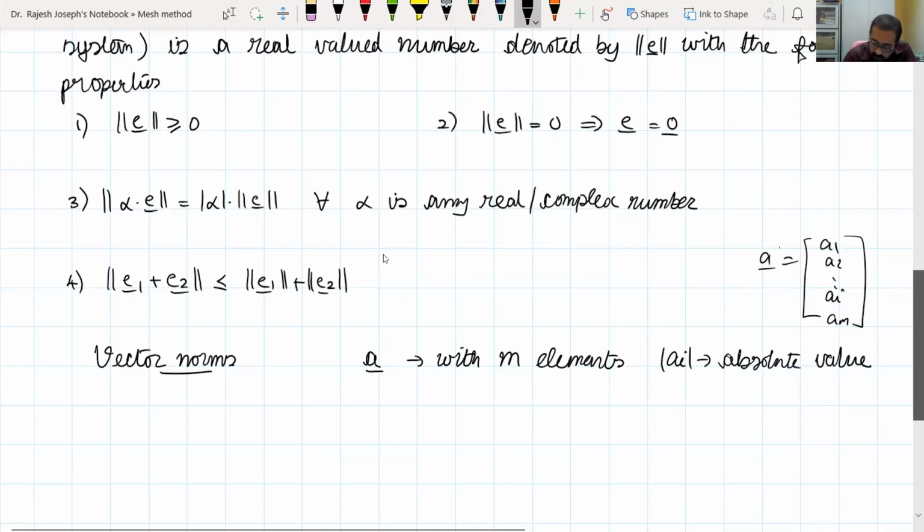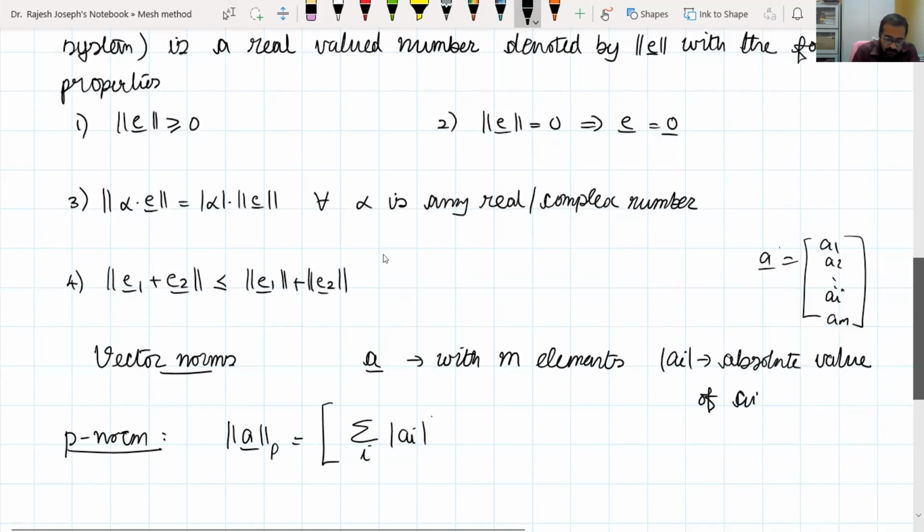Then the P norm is defined like this. The vector P norm is given by sigma I mod AI whole raised to P, whole raised to 1 by P. This is how the P norm is defined.